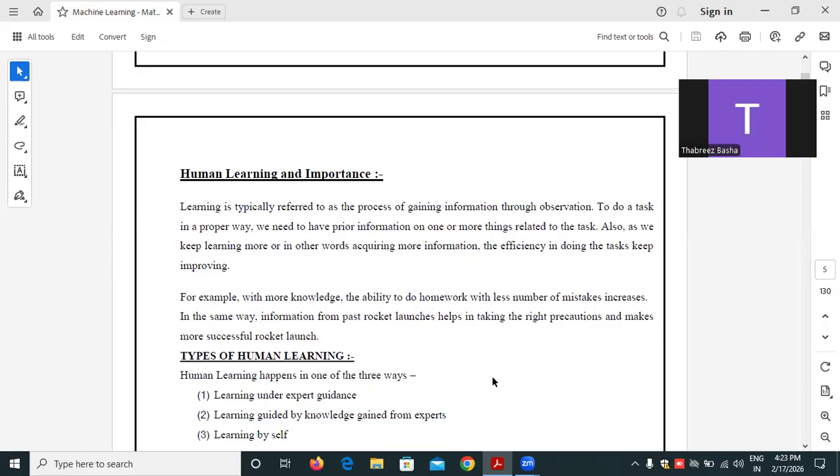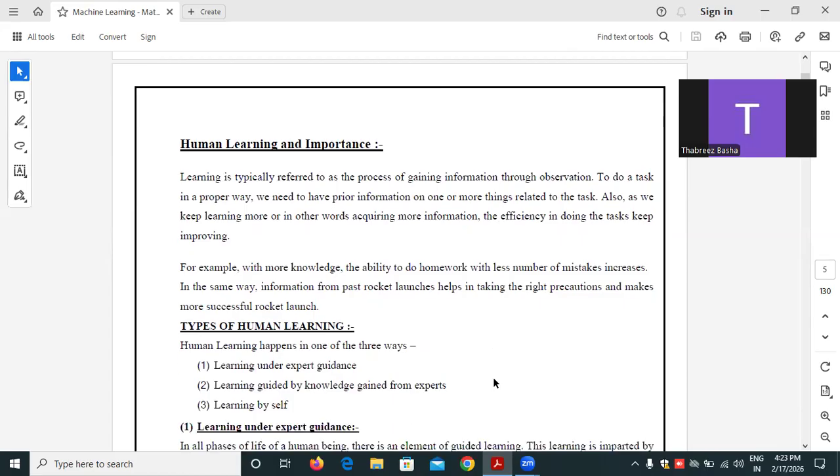There are generally three types of human learning. The first one is learning under expert guidance: learning guided by knowledge gained from experts. The second is learning by self. First, let us discuss learning under expert guidance.